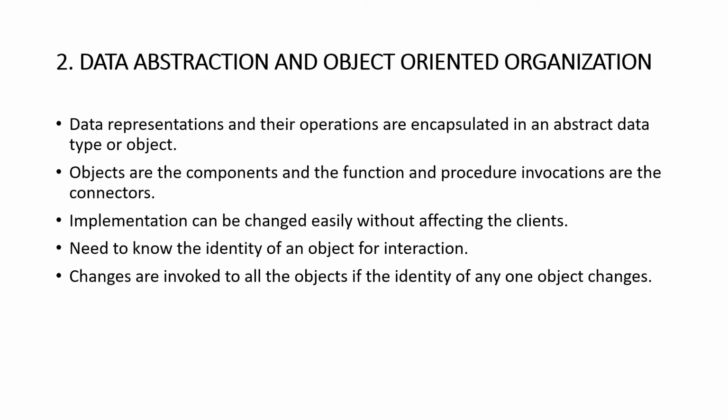The objects are responsible for maintaining the integrity of the data representation, and these representations are hidden from other objects. It is easy to change the implementation without affecting the clients. Moreover, it is important for one object to know the identity of the other object in order to interact. And if any one object changes, then the changes are invoked to all the objects.